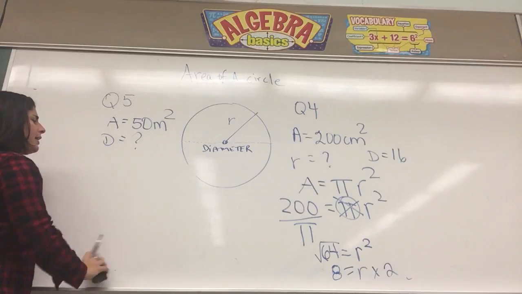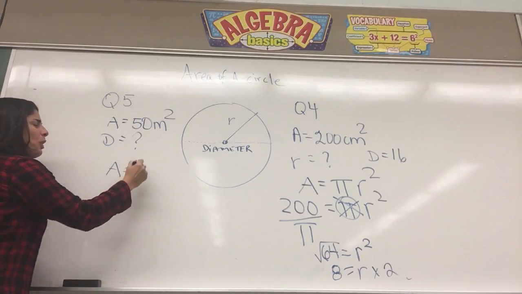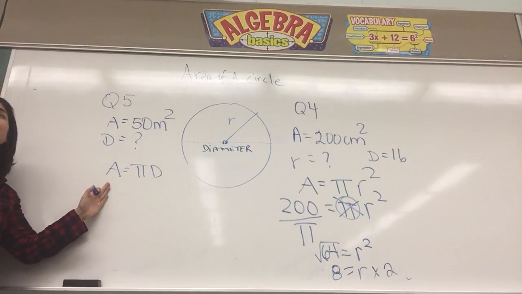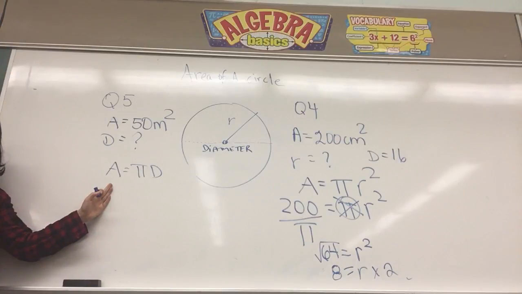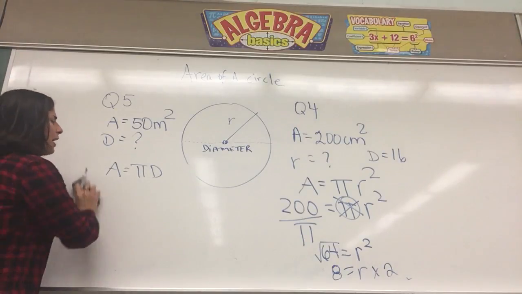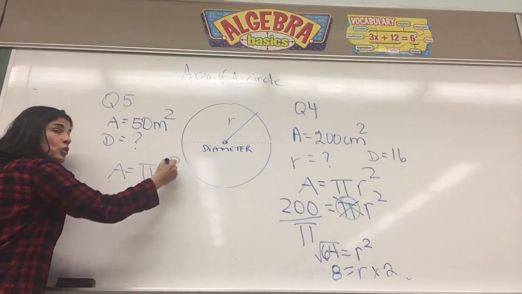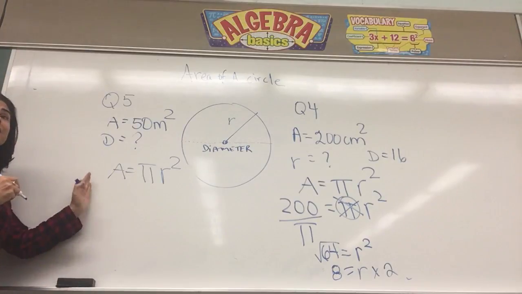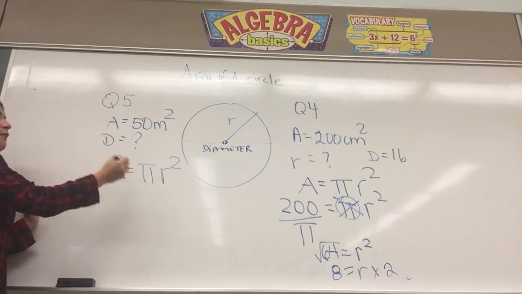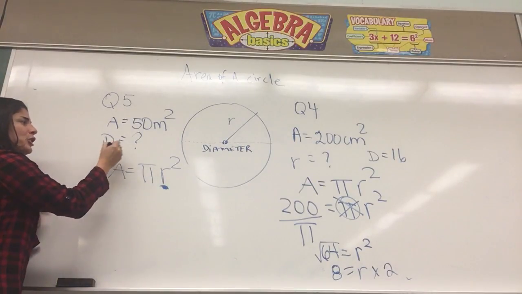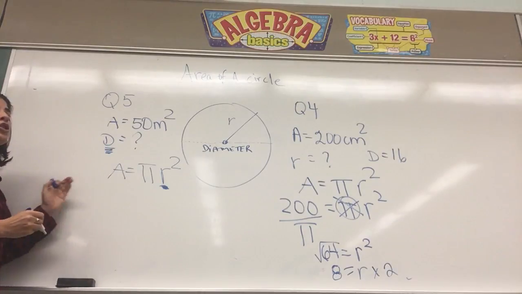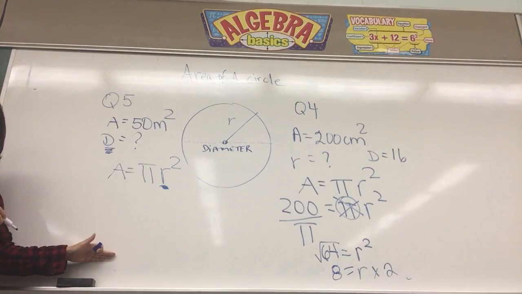Am I going to write A equals pi d? No, this doesn't even make sense. What am I going to write? A equals pi r squared. You have to have this formula. Even though this is not the information they gave you, you will definitely go down to get it.